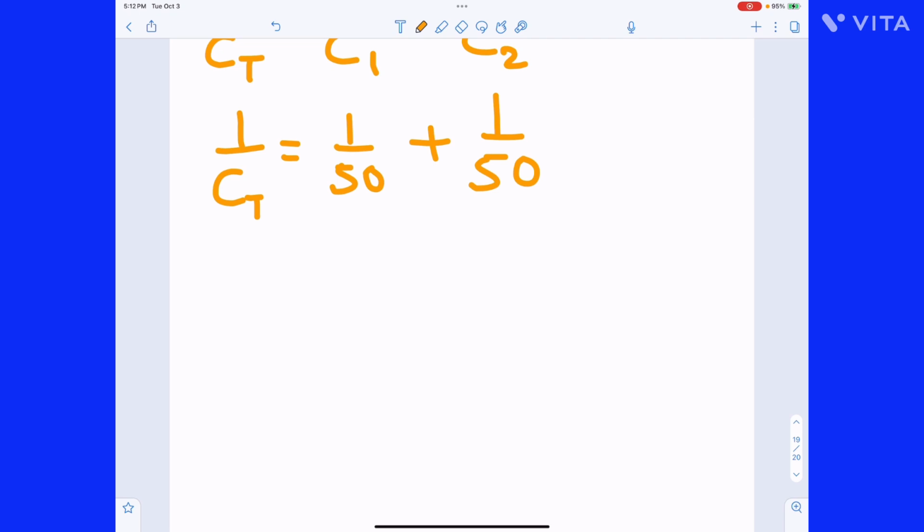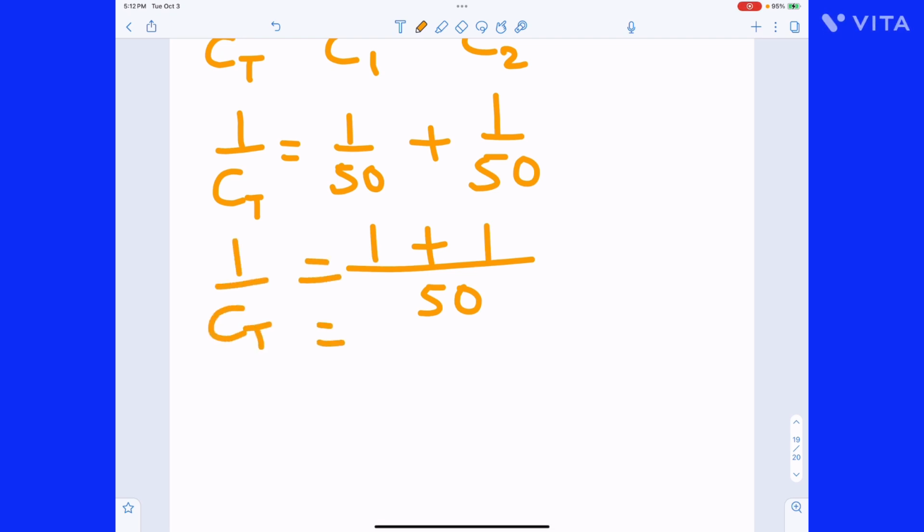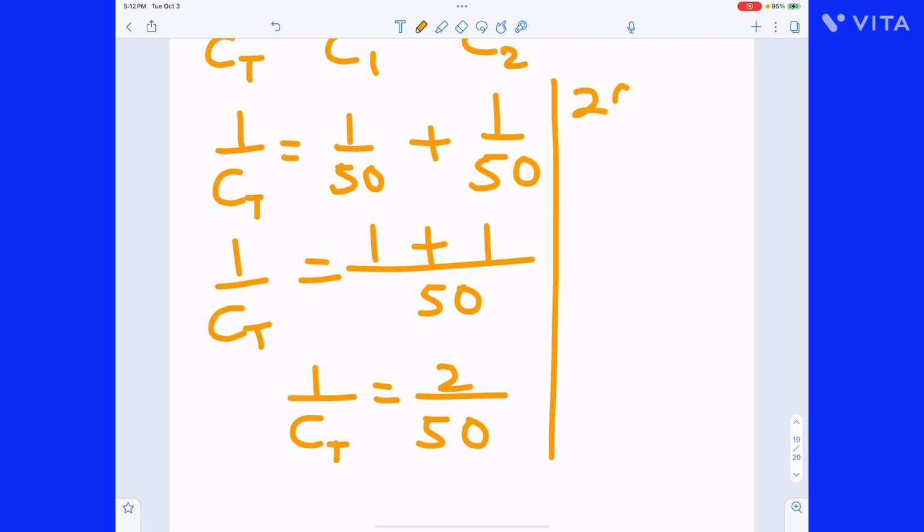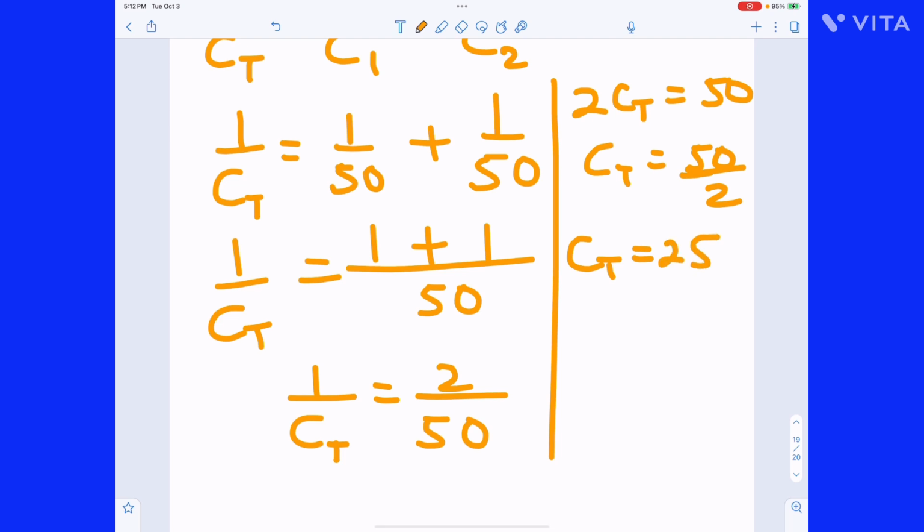The LCM is 50, so 1 over C total is 2 over 50. If you cross multiply, you get 2 C total is 50, so C total is 50 over 2. The total capacitance of the two capacitors is 25 microfarad.